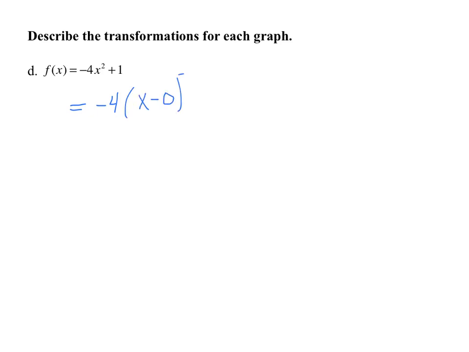So you're going to want to rewrite the equation so it shows that, and the plus 1 is your k. And so when you interpret this, you're going to notice that this is telling you that your graph is going to shift downward. The 4 means your graph is going to be skinnier than the parent. And you don't have to mention that there's no shift left or right, but you're going to want to mention that it's going to shift up 1 unit.